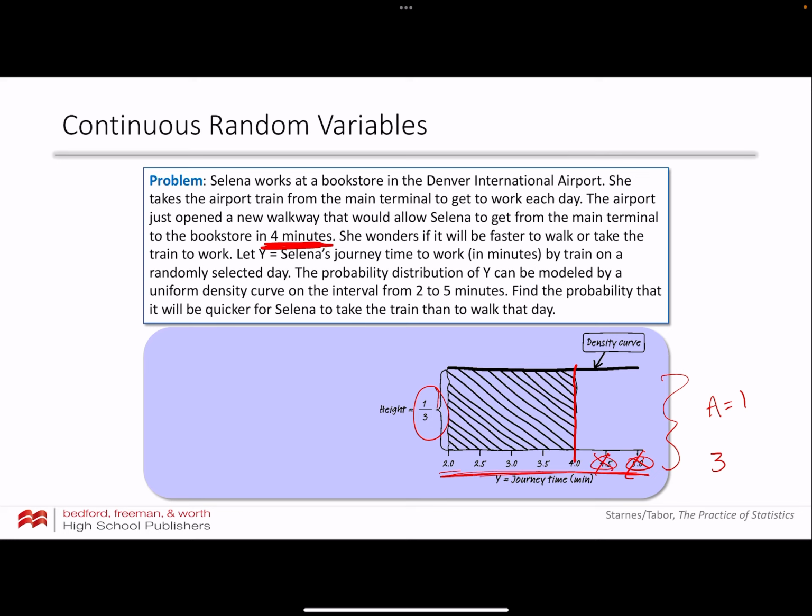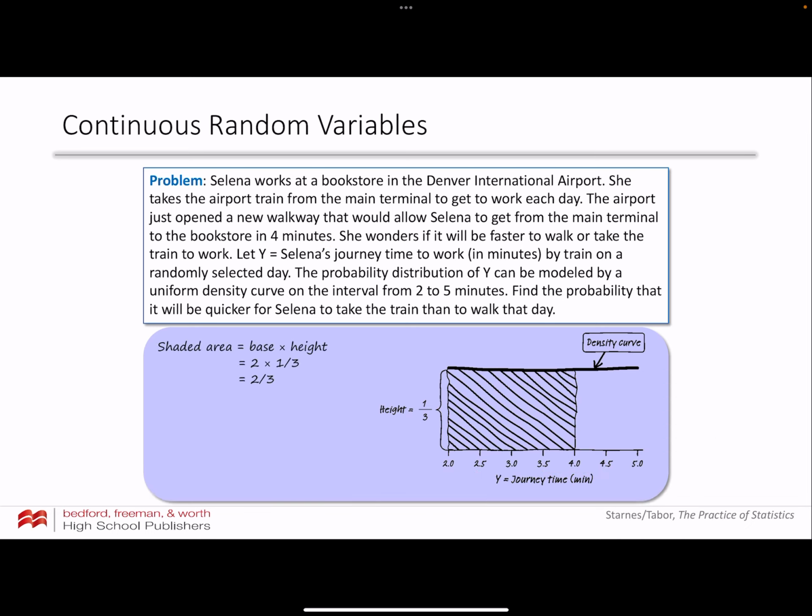So all of this area, the graded area here, would be where it takes Selena less than 4 minutes to take the train, right? So if we want that area, I can take the base times the height. So the distance here is 2. The height, as we said, is 1/3.